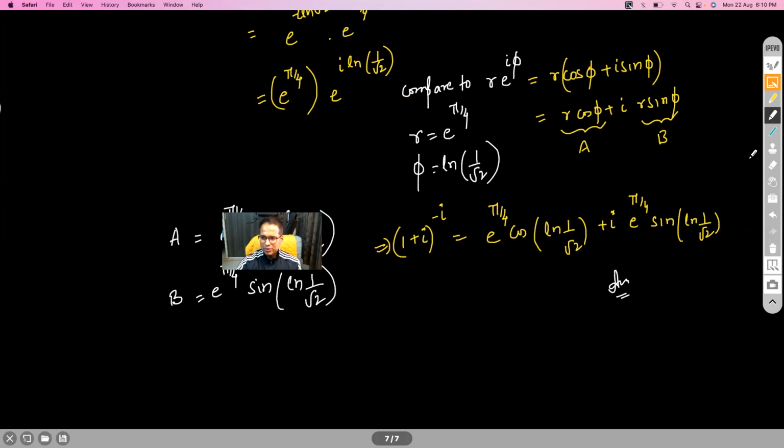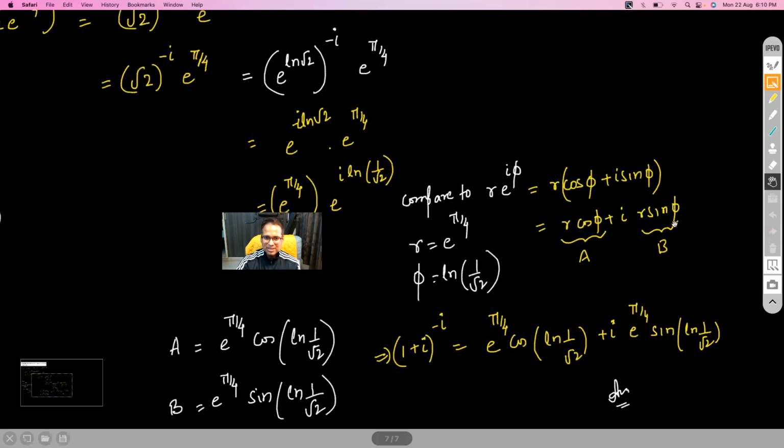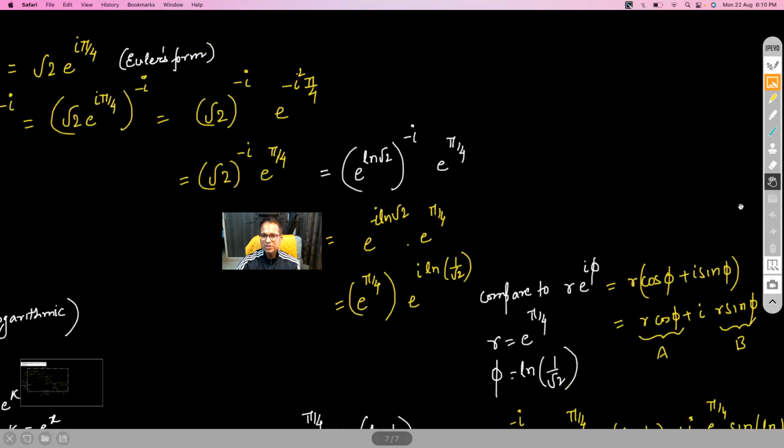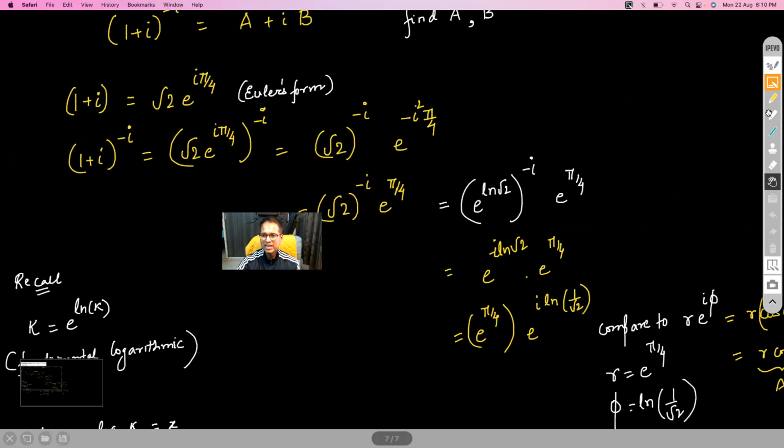So what was the trick to solving this question? The two steps here were the trick. One, you knowing that you have to write it in the Euler form. If you are not aware of it, then many people will start applying so many other things which are not going to be helpful. And the second trick here was knowing how to write root 2 as e to the power ln root 2.